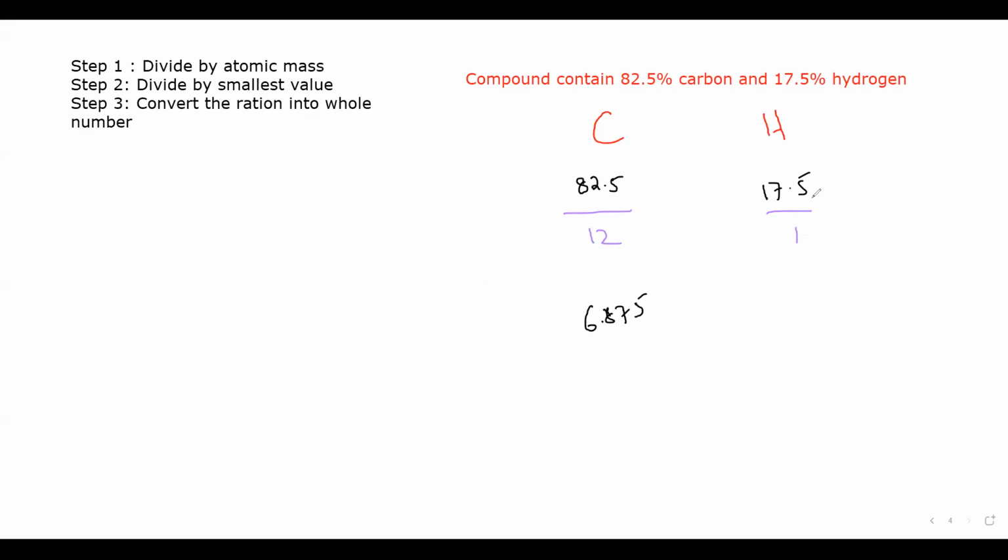And when you divide something by 1, that will be the same answer, 17.5. Now divide by smallest value. Which of them is the smallest value? 6.875. So we divide all of the numbers.